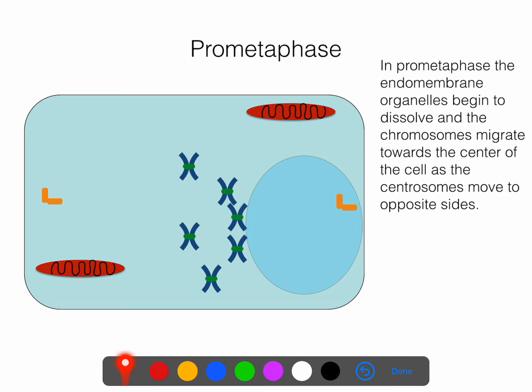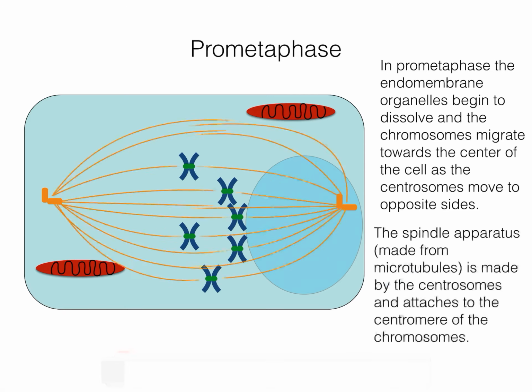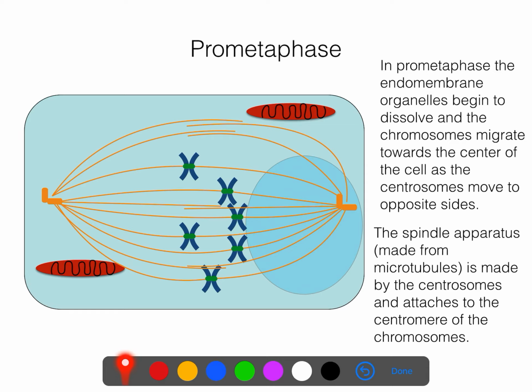So in prometaphase, we have our chromosomes condensed. They're just sort of spilled out into the cell. The organelles have dissolved and been packed away, and the centrosomes are now on opposite sides of the cell. The centrosomes make something called the spindle apparatus.